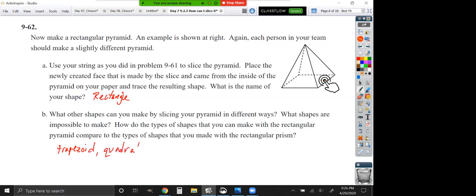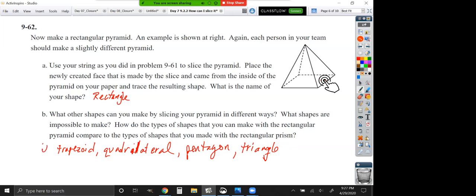It didn't have anything parallel. Quadrilateral, comma. We got a pentagon. We got a triangle. Oh, way back at the beginning, I was able to hit 3 sides by cutting it vertically. And I think that was it.